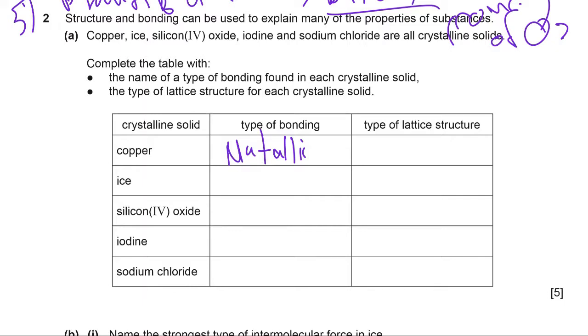Okay, metallic. And the type of lattice, it's metallic also. Okay, but how is it? It's a giant, we can call it a giant metallic. Okay. The ice, actually H2O.